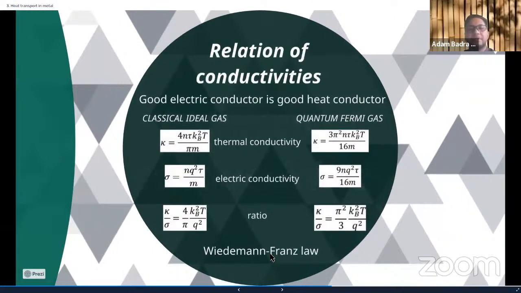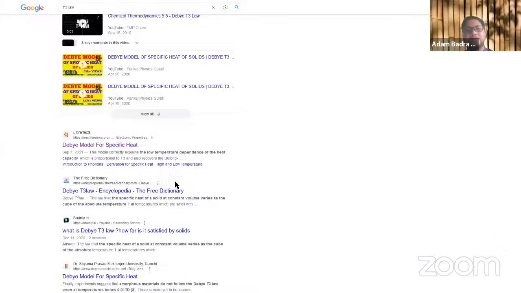the Wiedemann-Franz law. This is only for metal. In an insulator, it's clear that sigma is zero, and kappa is not zero. That's the difference. But this kappa is not the kappa of the electron, but the kappa of the phonon.